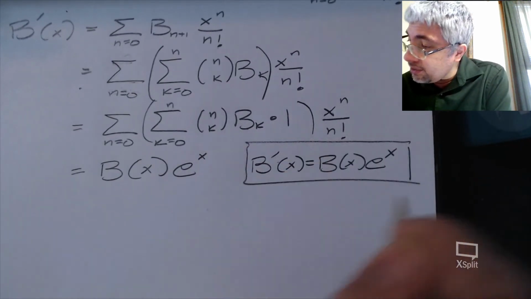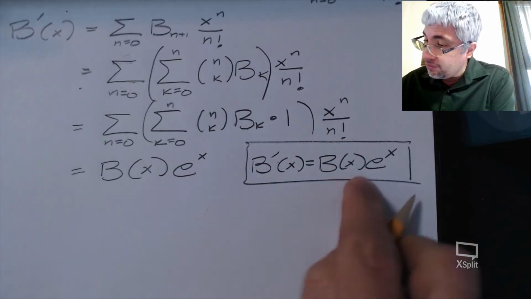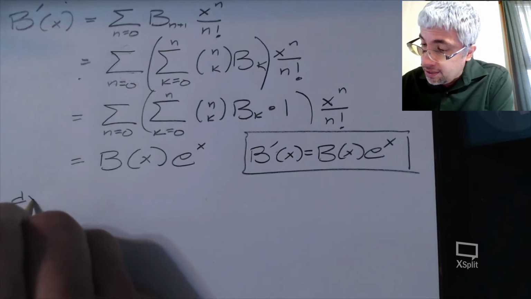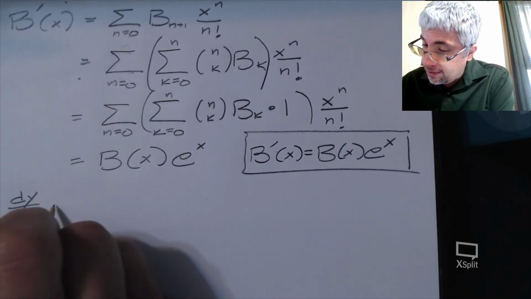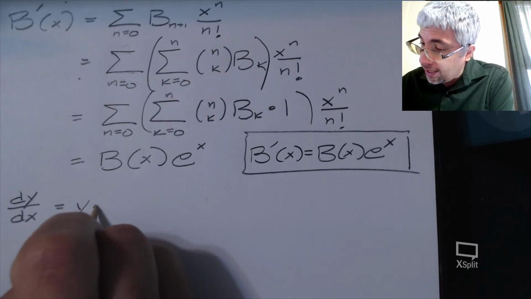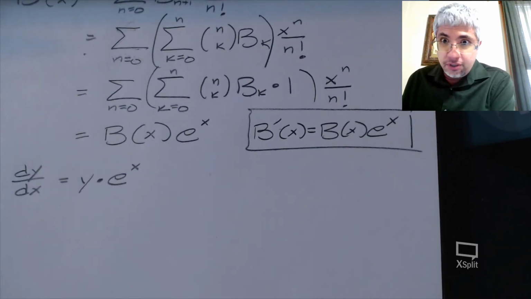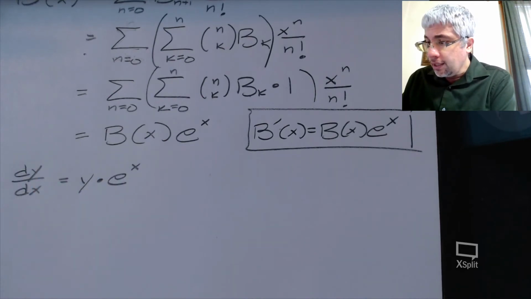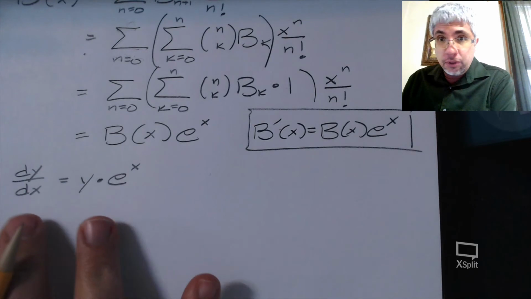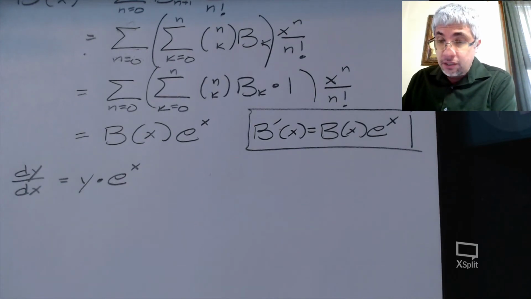Now this is a differential equation. It's a differential equation of the form dy dx is equal to y times e to the x, just substituting in our y for b of x. Now, you might not remember too much about differential equations. That's fine.